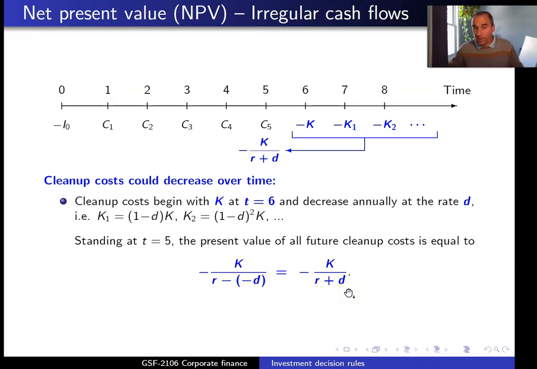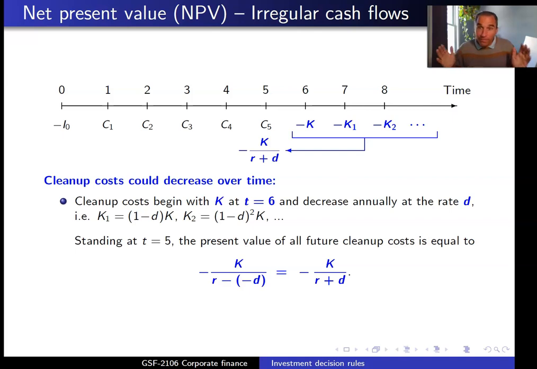So in this case, when R goes to 0, the value of this term here does not go to minus infinity. So it remains finite. It can be extremely small. So if K is 100 and D is 0.001, the value of this term will be very, very negative.